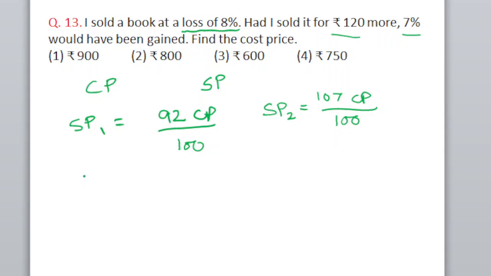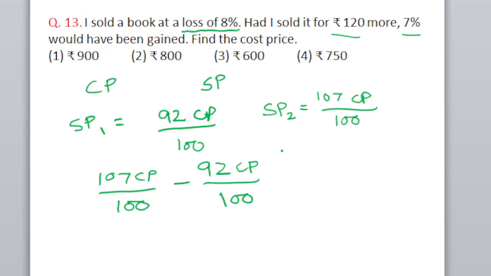That means 107 CP by 100 minus 92 CP by 100 is equal to 120. So this implies 15 CP by 100 is equal to 120.